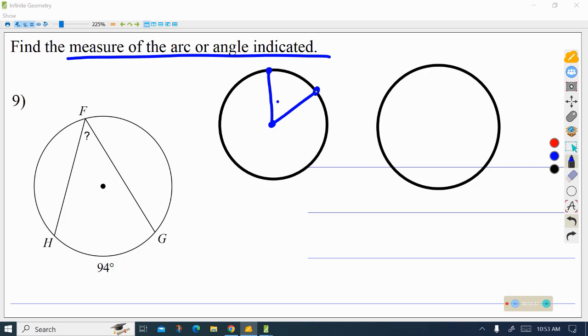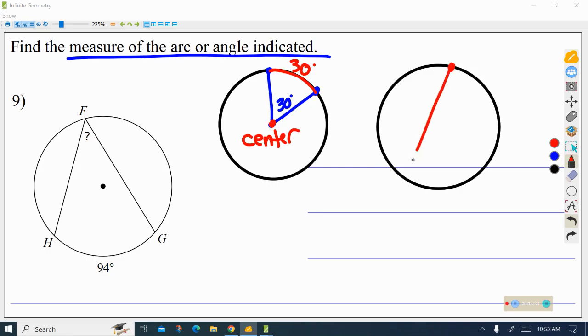A central angle has a vertex at the center. That's our definition of arc measure: if that's 30 degrees, then the arc it intercepts is 30 degrees. And again, that all assumes that that point is the most special point in the circle, called the center.